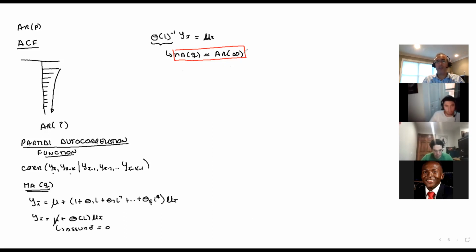So for the MA(q) process, the partial autocorrelation function will look like that. It will go like that. So the PACF of an MA process looks very similar to the ACF of an AR process.